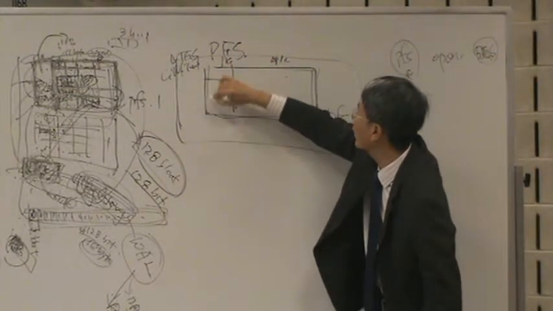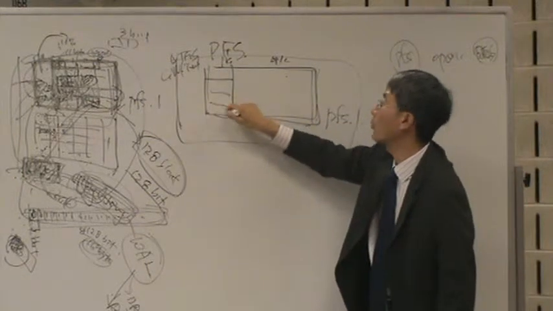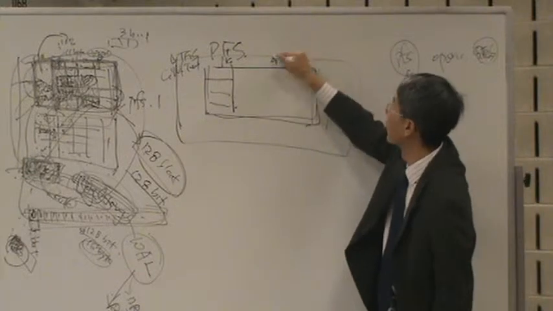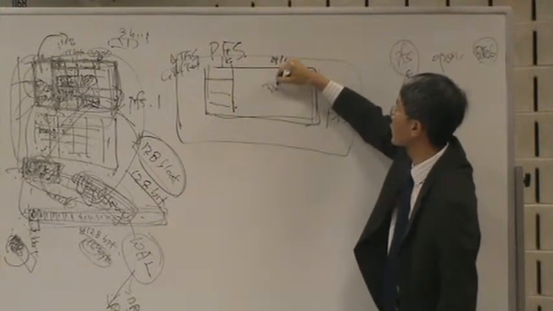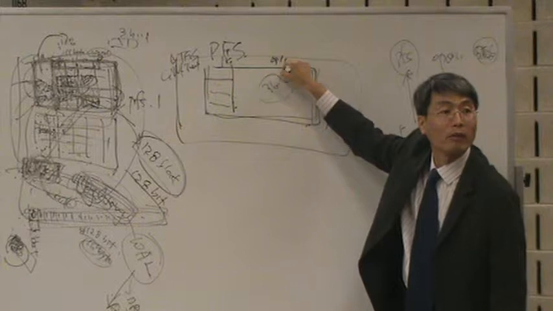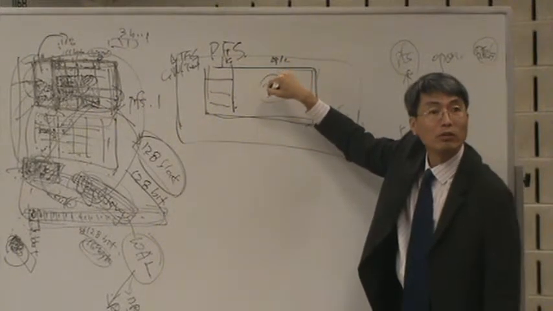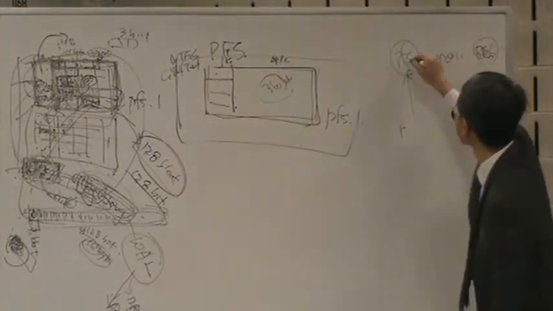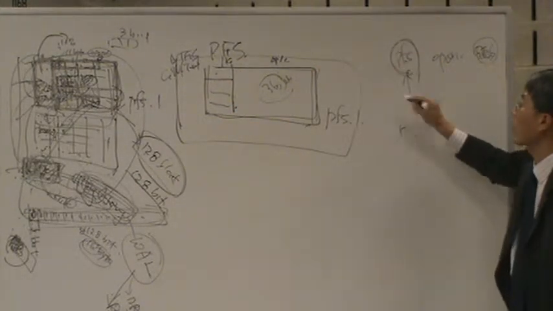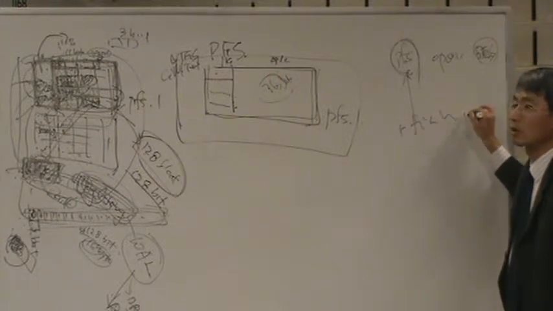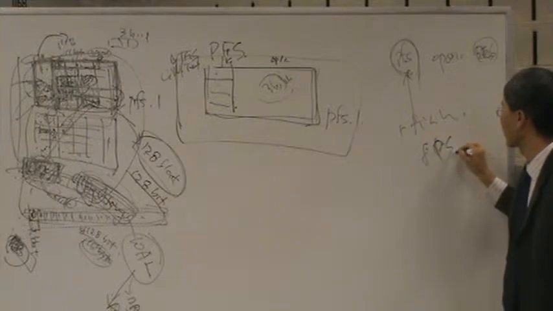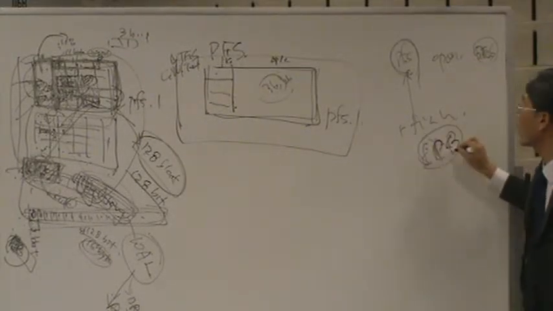For the directory, it will have 4 blocks. And for the data blocks, how many? So 36 blocks you can have. Right? So using this information, in your PFS program, you should have such a file system structure. What is it? FCB, file control block.